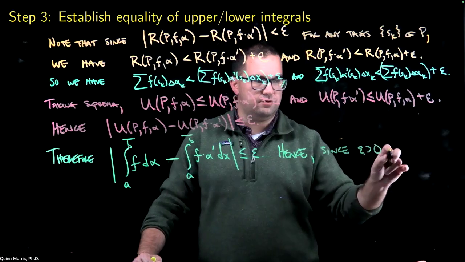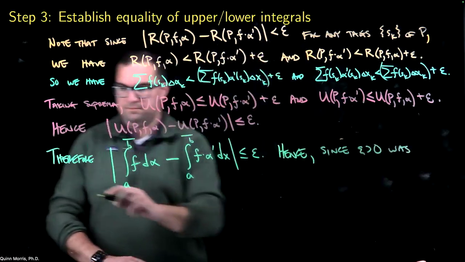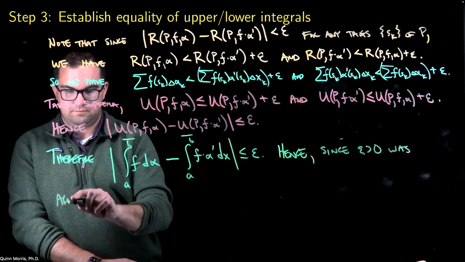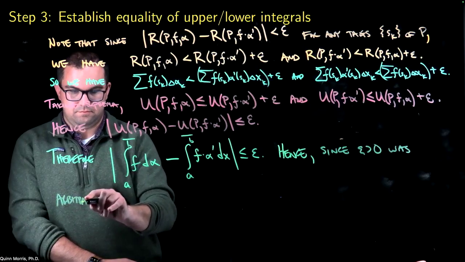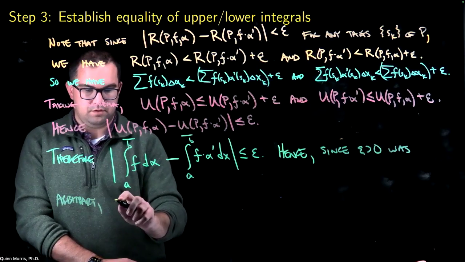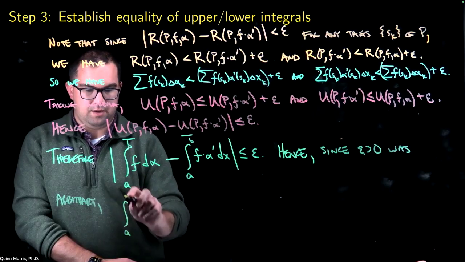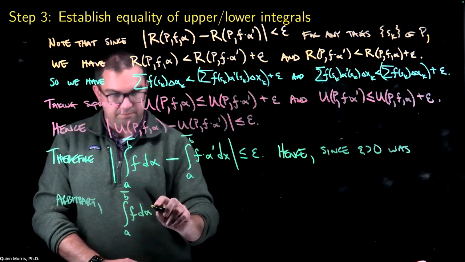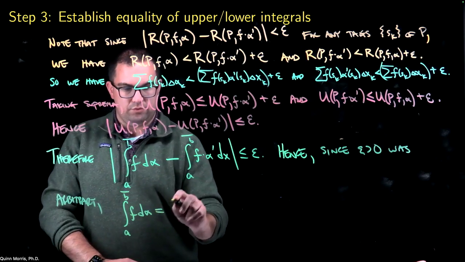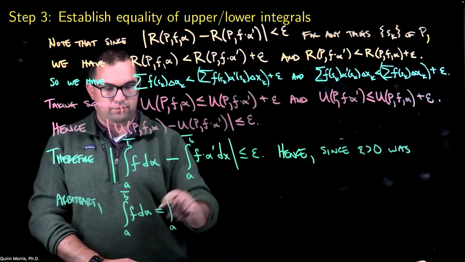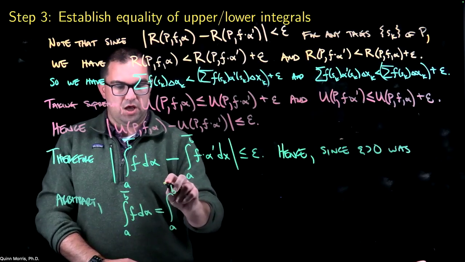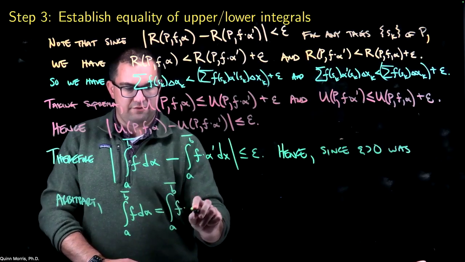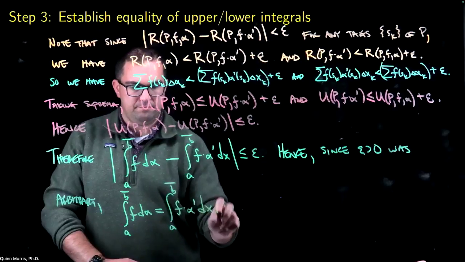Hence, since epsilon greater than 0 was arbitrary, we get that the upper Riemann-Stieltjes integral of f with respect to alpha is equal to the upper Riemann integral of f times alpha prime.